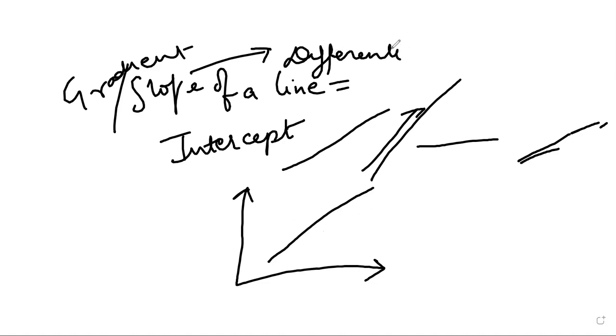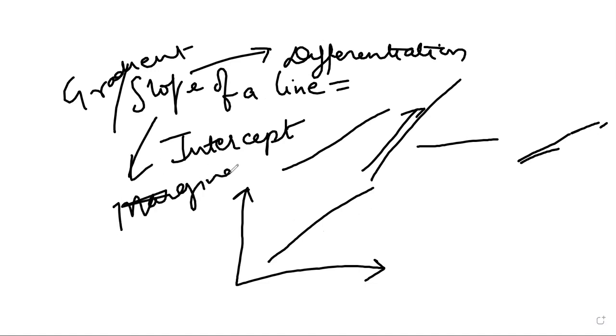It also has huge applicability in economics, because economics is all about marginal analysis, meaning how much a particular variable changes when the other variable changes by one additional unit. Slope is basically delta y upon delta x. So we are coming to that.